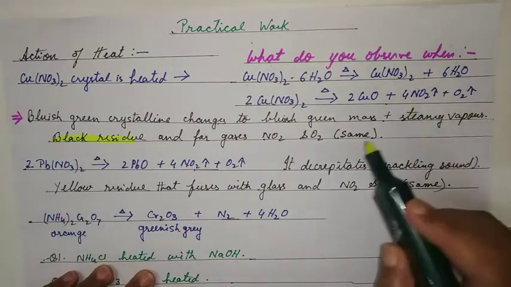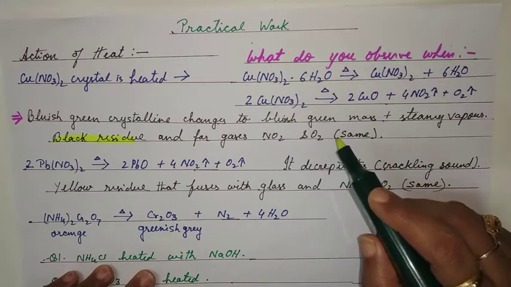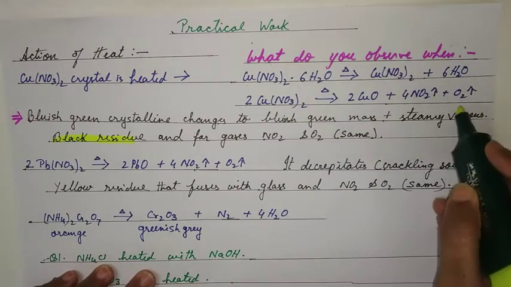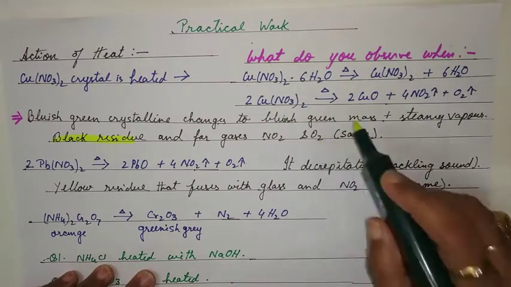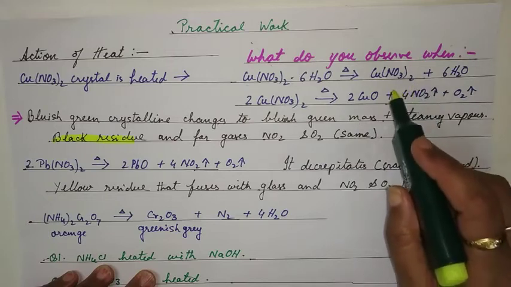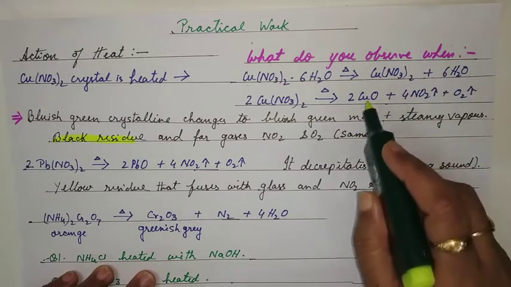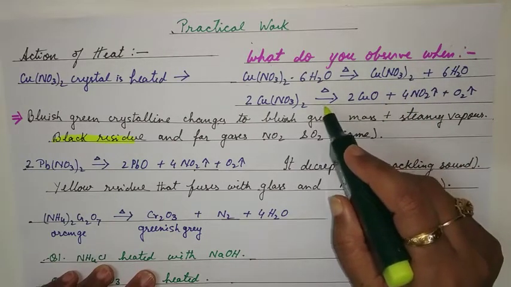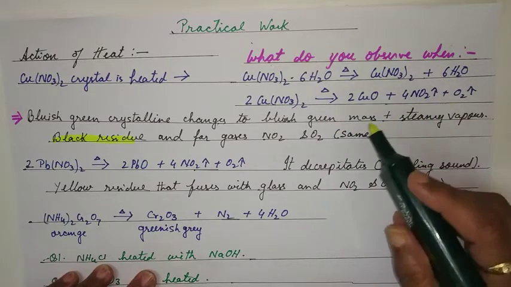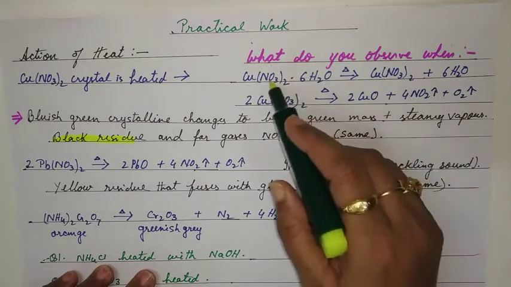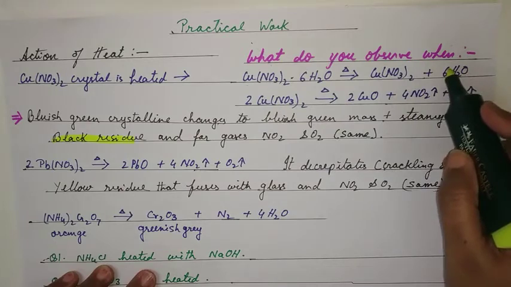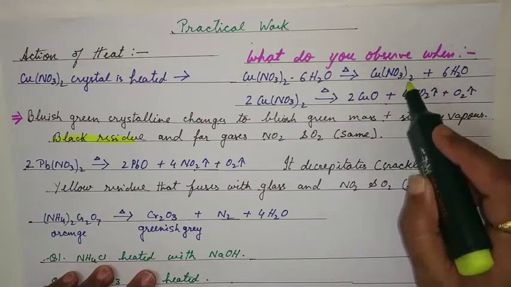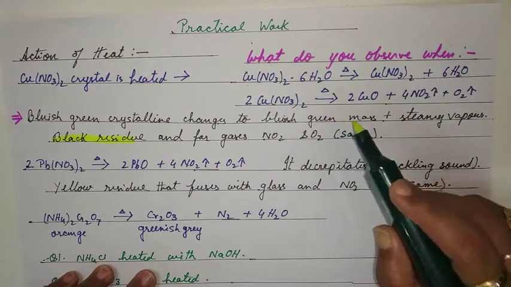Nitrogen dioxide, reddish brown fume. And another gas which rekindles the glowing splinter, as done in the previous slide. The crystal and steamy vapor were also done in the previous slide as well as the previous video.